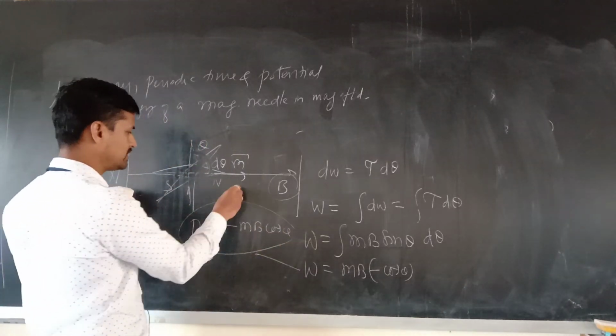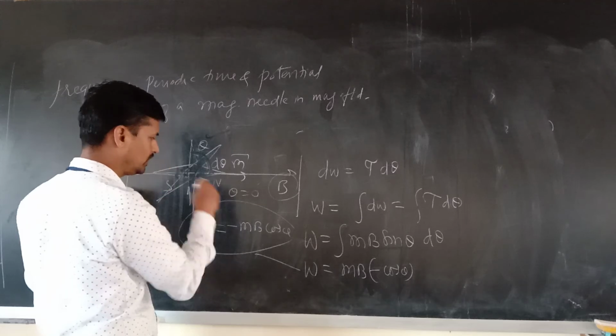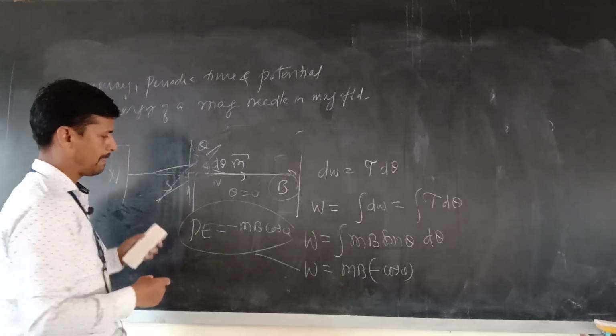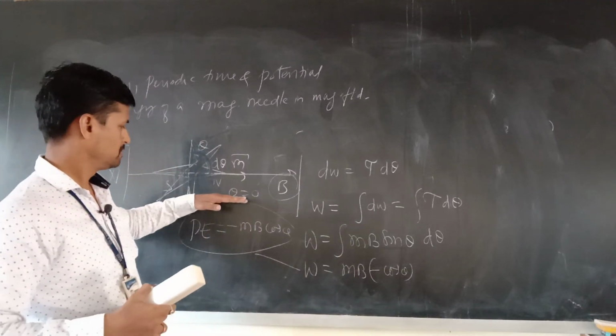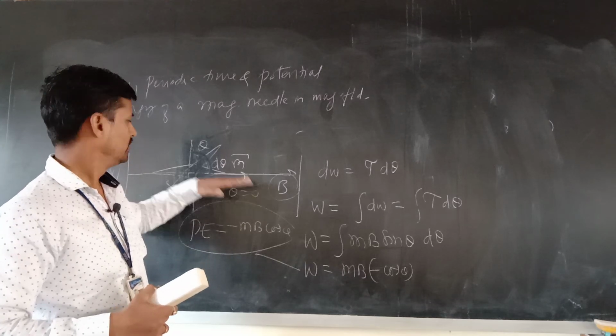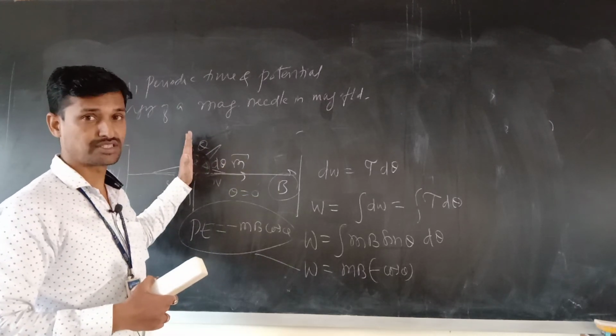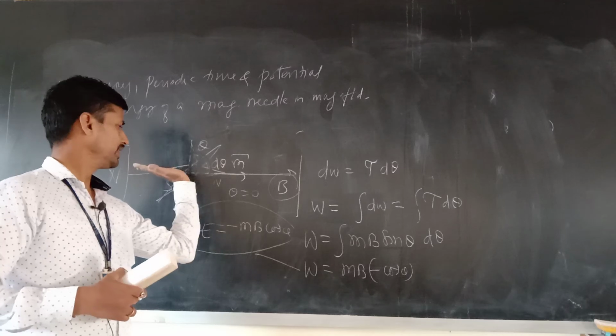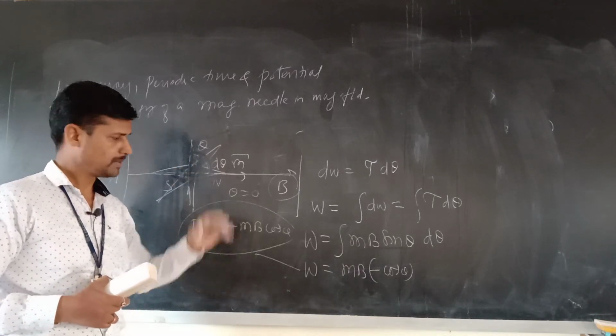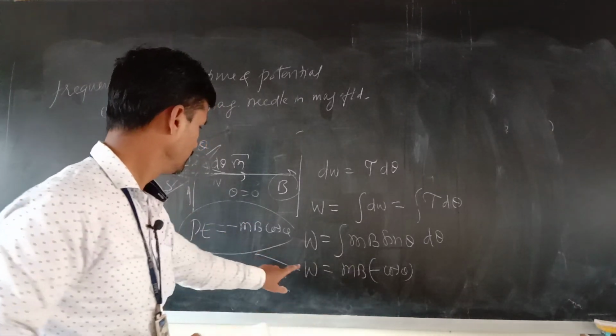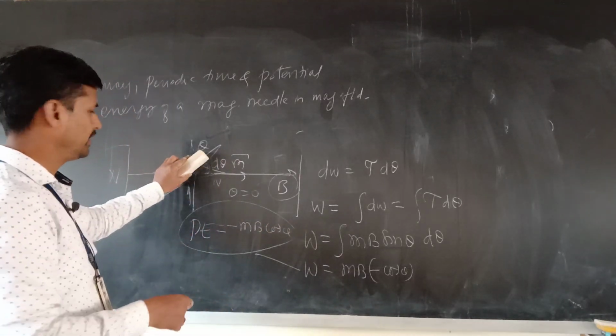If theta is equal to 0, it is said to be the stable position. If theta is 90, it is an unstable position. Theta is 180 also, it is an unstable position. So this is the expression for potential energy stored in the needle.